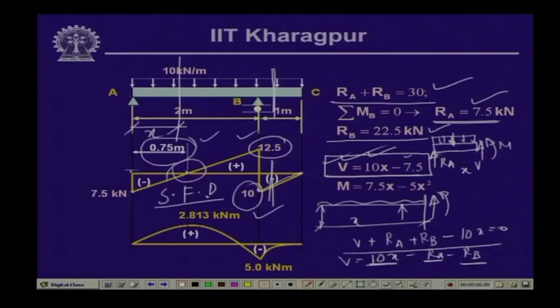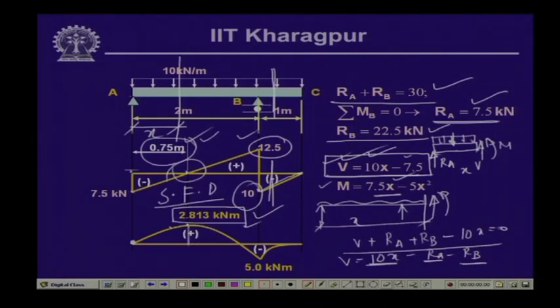Now, consequently, if we look into the value of the bending moment, when x equals 0, the moment equals 0, and this is what is reflected over here. When x equals 0.75, we get a value of bending moment equal to 2.813 kilonewton meter. If we substitute x equals 0.75, we get this bending moment. This is the value of the maximum positive bending moment.